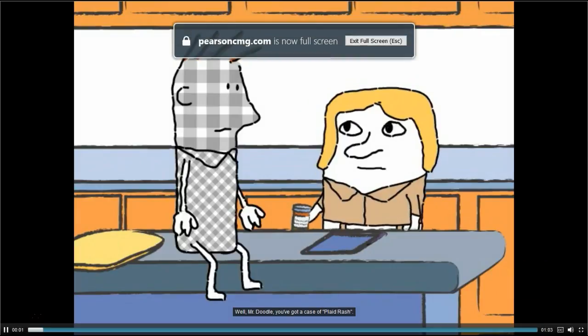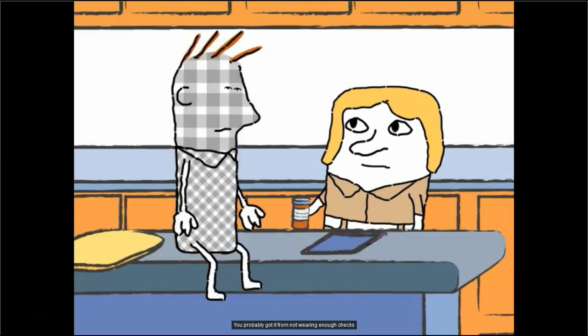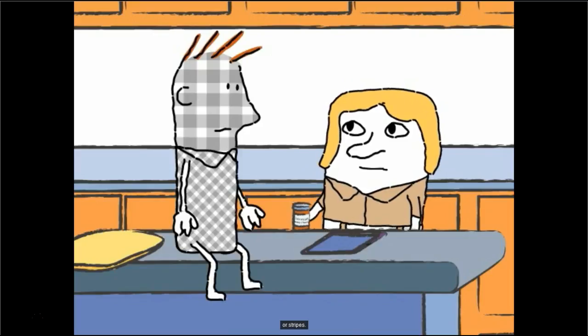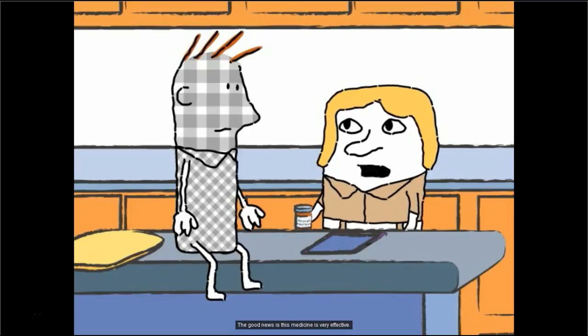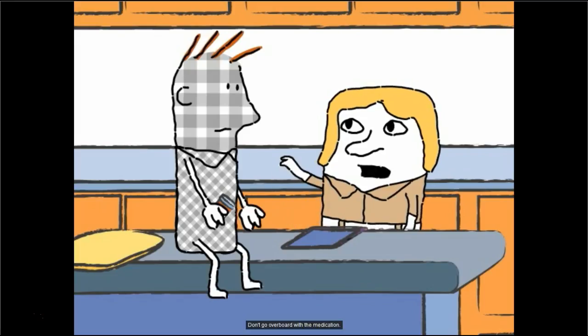Well, Mr. Doodle, you've got a case of plaid rash. You probably got it from not wearing enough checks or stripes. The good news is this medicine is very effective. Take 1 pill every 4 hours. In a few days, you should be cured. Can I just take a pill every 2 hours to speed up the process? It's kind of embarrassing to walk around like this, and I clash with everything. Don't go overboard with the medication.